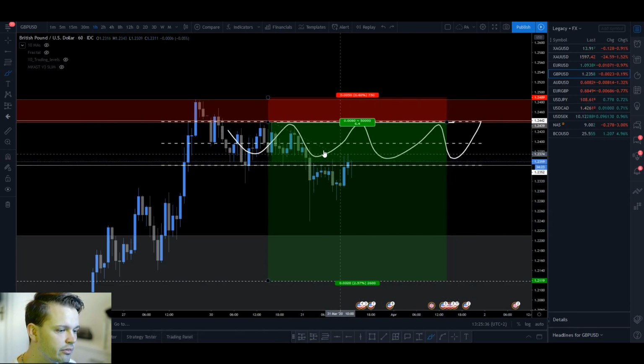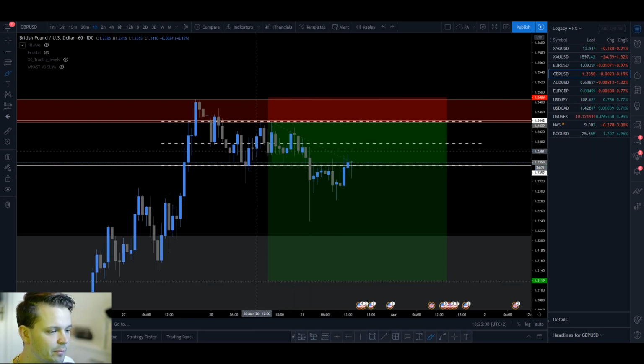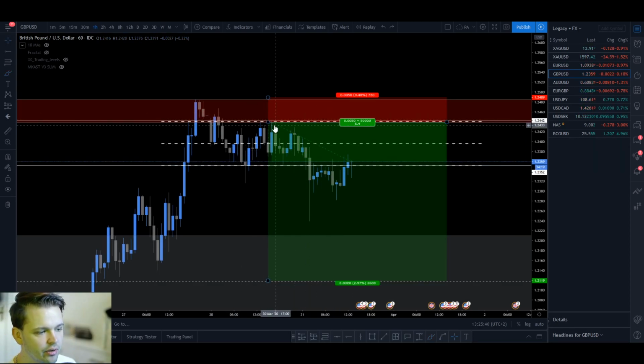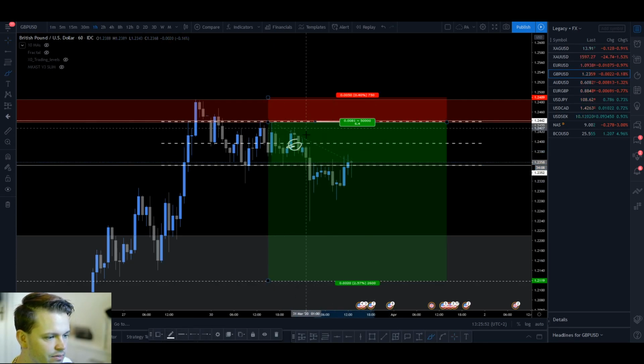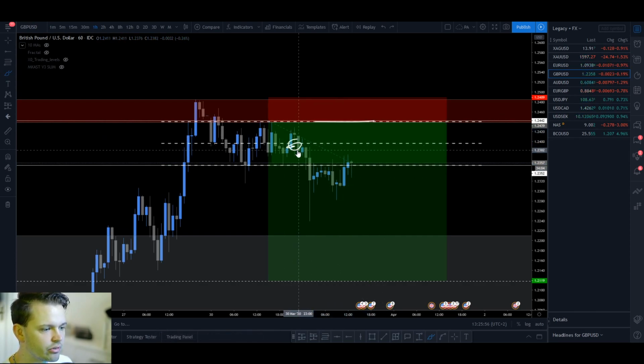So I always try to have one level of resistance or support below my stop, right? When price is trading inside here, having a stop right here gives no room for a reaction off any resistance.